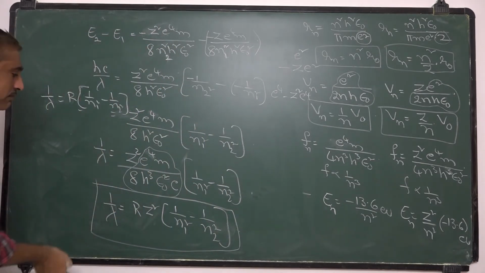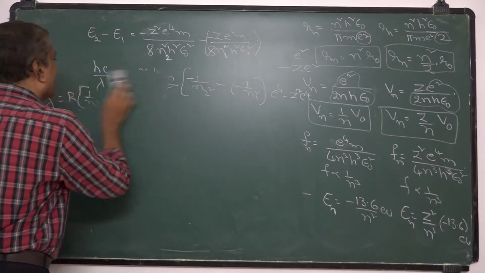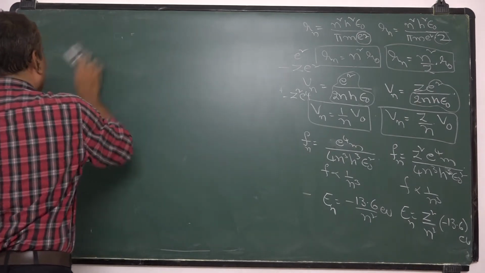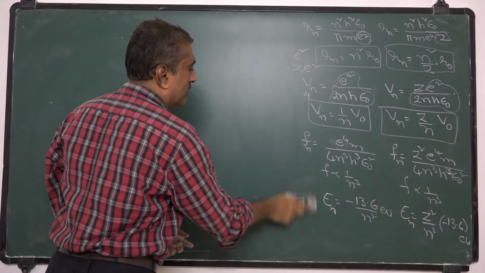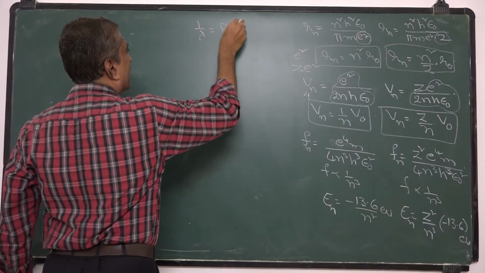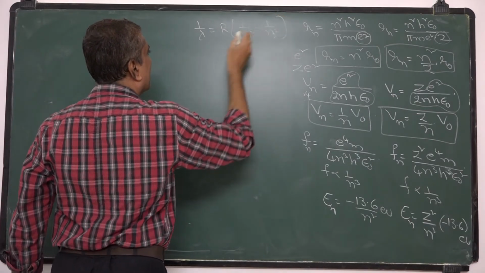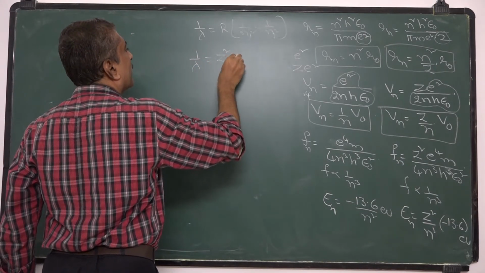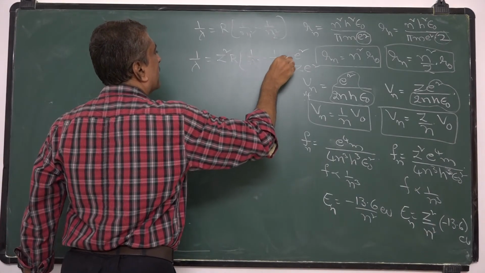Okay. Now another one. For wave number we have Z square R into 1 by N1 square minus 1 by N2 square.